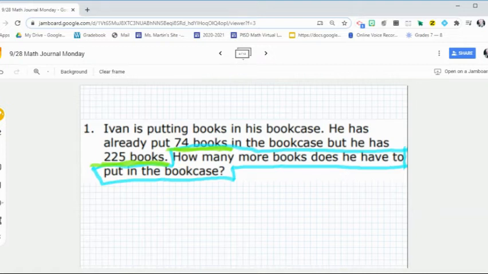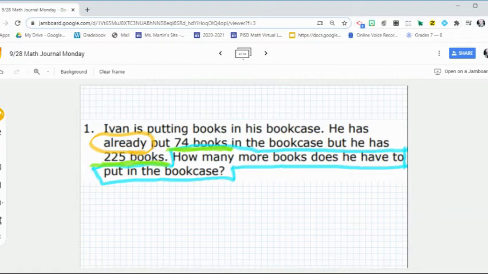So he has already put 74 books. That's definitely an important word. Our vocabulary words in our word problems might not be big, fancy mathematical words. They could be simple words like already. That tells us that it already happened.